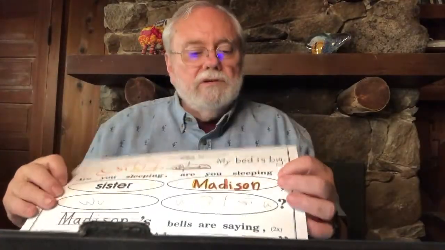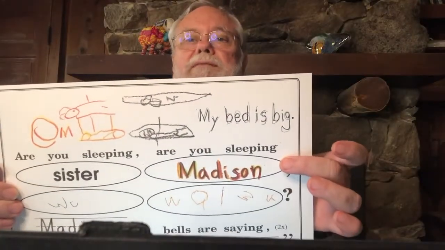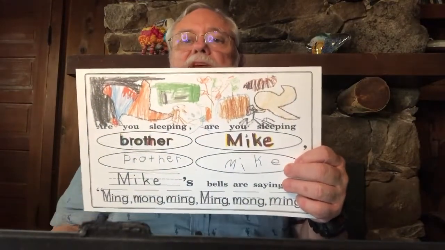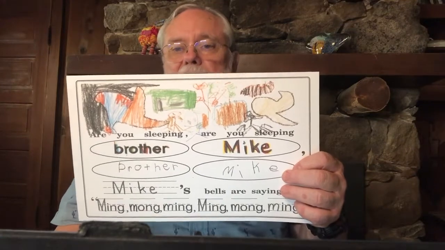And when I asked her, she said, "My bed is big." And so I wrote that, and she traced over the top of that. So that's kind of leading in to what we'll be doing for our early writing. And here's Mike's page, and he covered the entire top of the page up here. So when I wrote his sentence and he traced over the top, I did it on the back of the page.